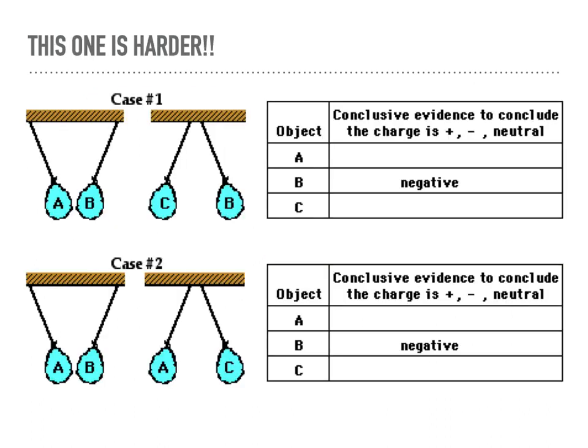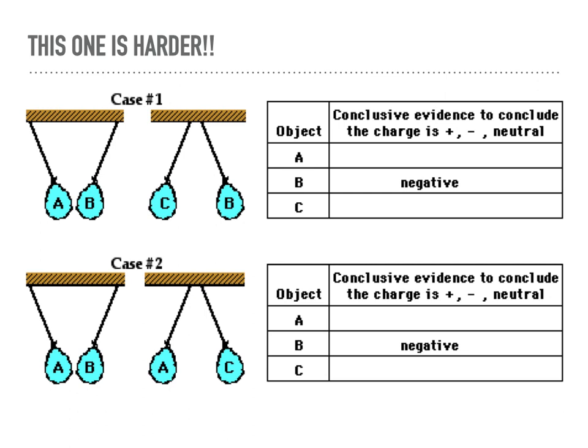Looking at this diagram here, we have a couple of cases. We're going to look at case number 1 first. These balloons are hanging from strings that would have been attached to, let's say, a table. You can see that balloon B has a negative charge. Someone has rubbed it against their hair or a piece of clothing and gave it a negative charge.